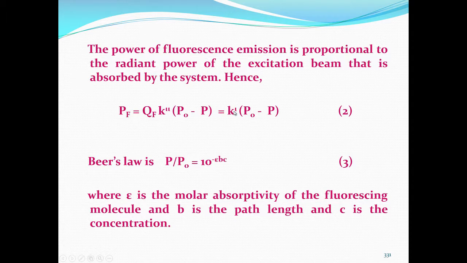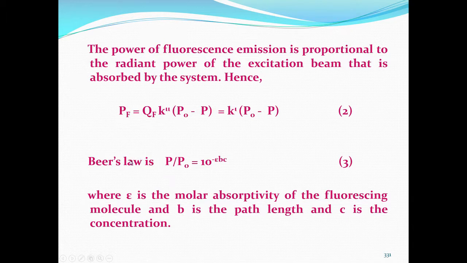I just put a simple constant because phi f is a constant, fluorescence efficiency is a constant, and K2 is a constant. So, combining this I have put it as K1 and P naught minus P remains the same.